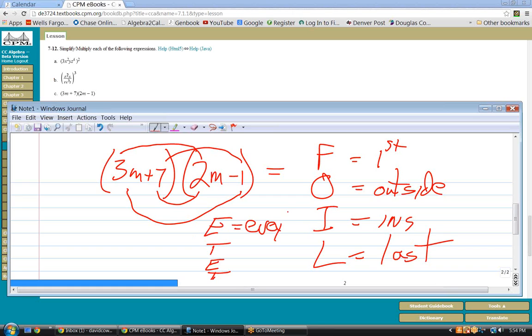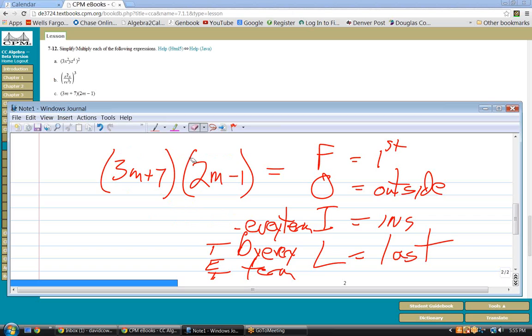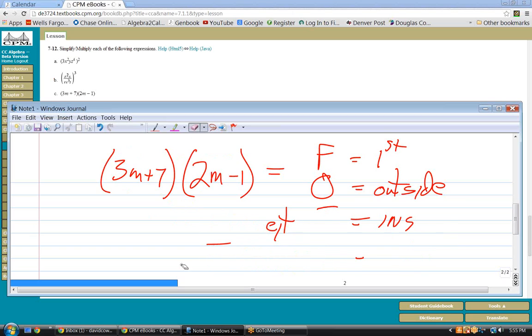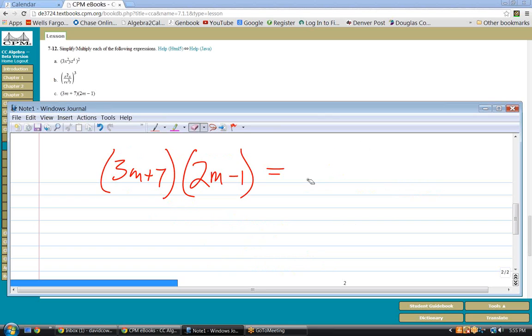Every term by every term. The reason I like ET better is because it will handle it when you have more than 2 terms that you're multiplying. FOIL works perfectly fine for a binomial term multiplied by another binomial term.